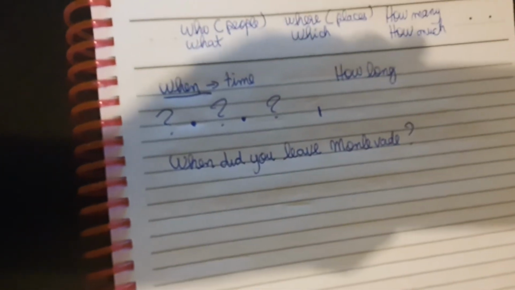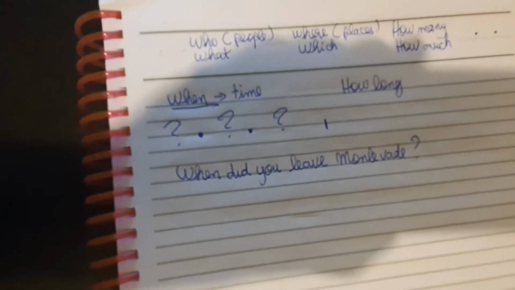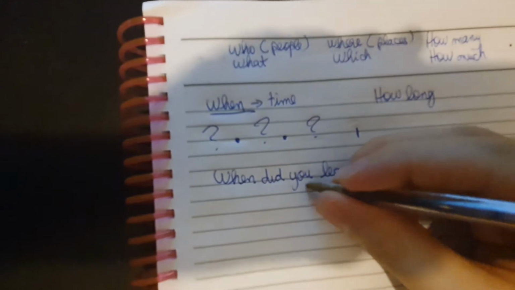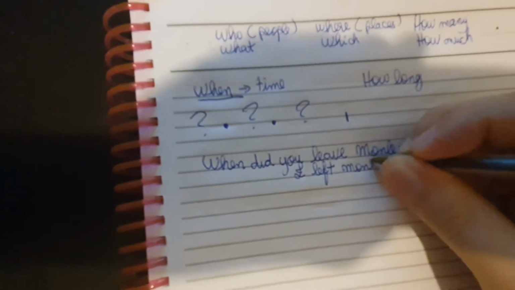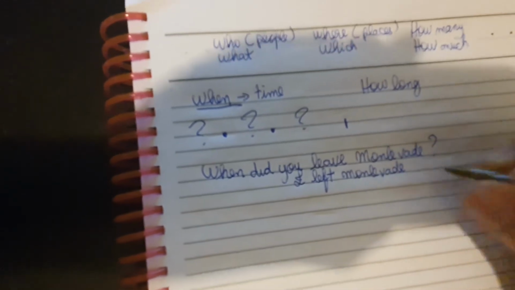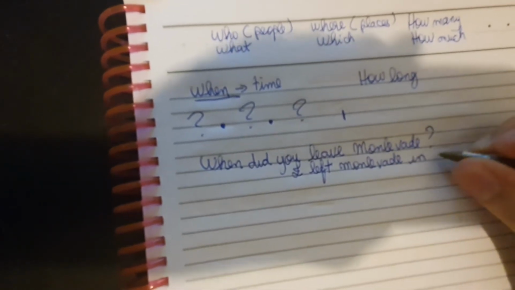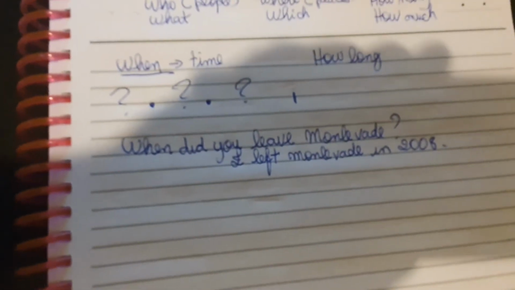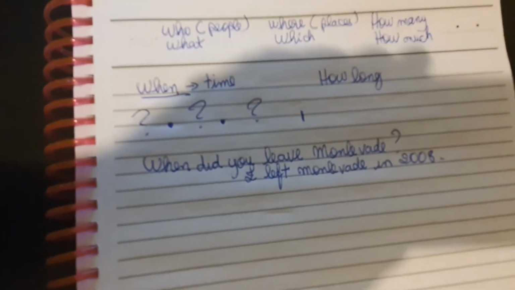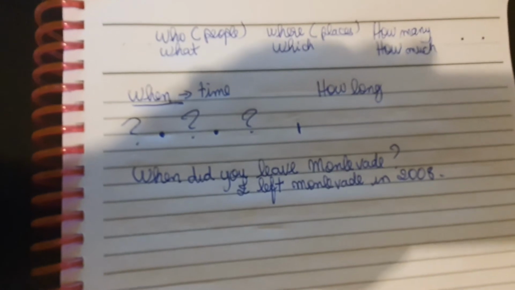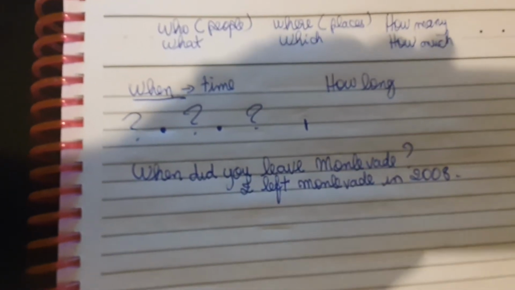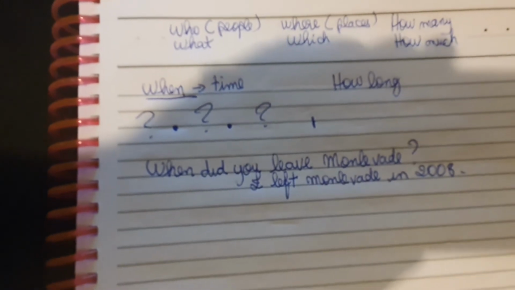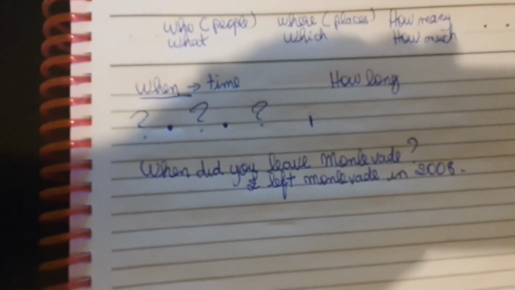When did you leave Montlevade? For example, I left Montlevade in 2008. Okay? I want to know something that happened. I want to know at what time in the past you did something.